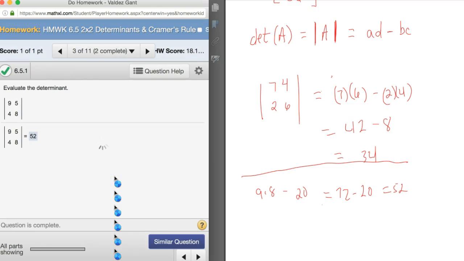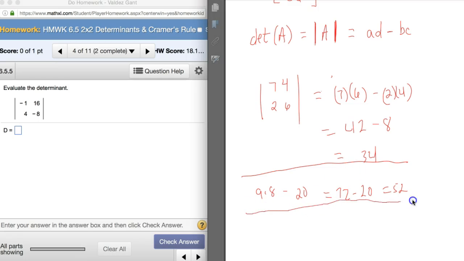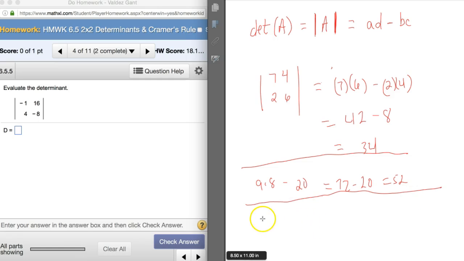All right, so moving on to the next question, we'll take the determinant of this matrix. There we will have -1 times -8 minus 4 times 16. And of course, negative times negative is positive, so this would be 64. And so the answer to that would be -56.